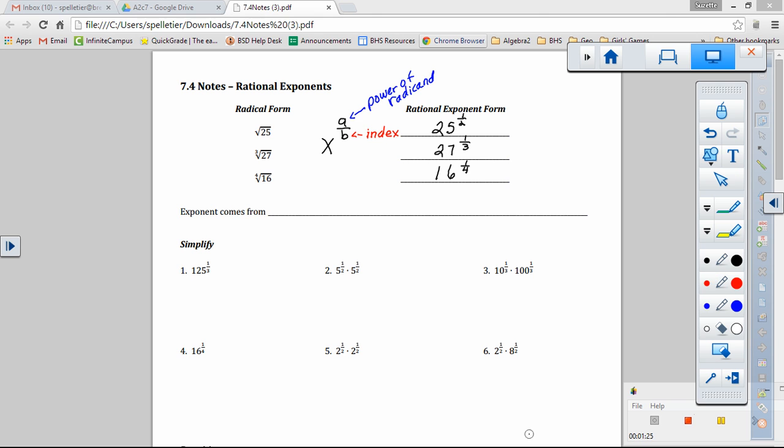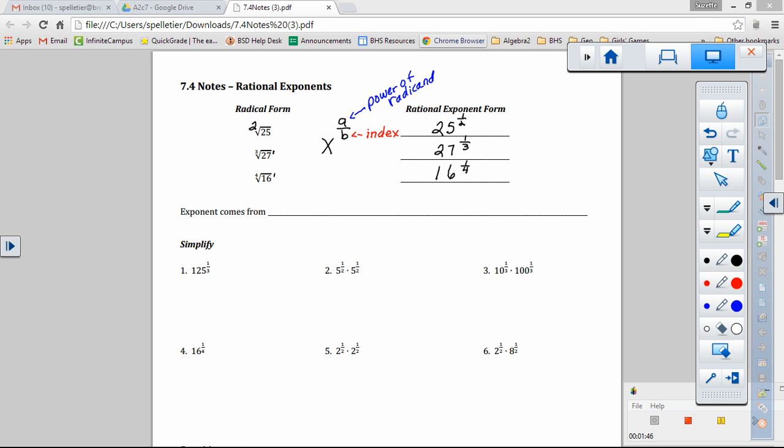Because 25 in the first example is raised to the first power, the numerator is a 1, and since it's a square root, the denominator is a 2. Same thing with the others. The 27 is raised to the first power, so it's 1/3, and 16 is raised to the first power, so it's 1/4.